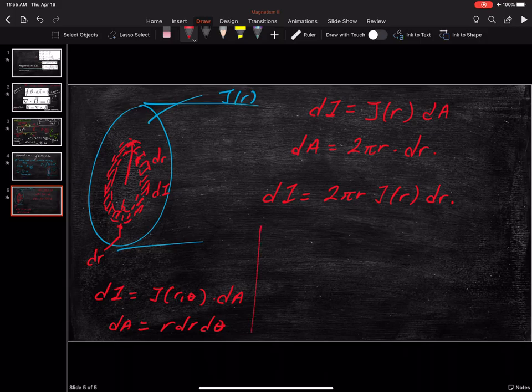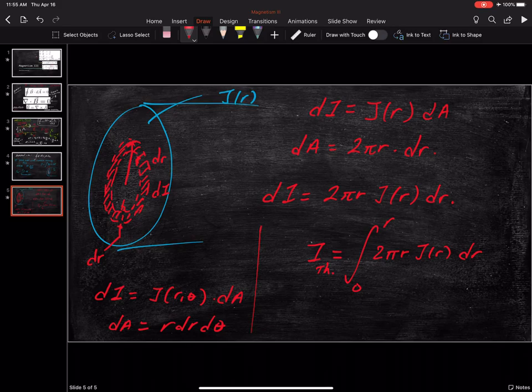But again, we won't worry about that so much. You'd have to integrate over theta as well. And so this tells me that the current would be the integral of 2 pi r J of r dr from 0 out to whatever r you're looking at. This would be your I through.